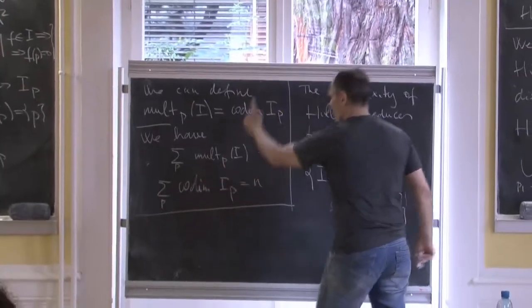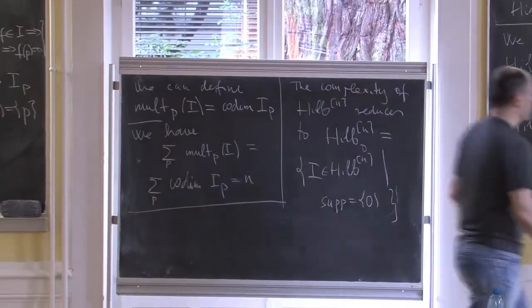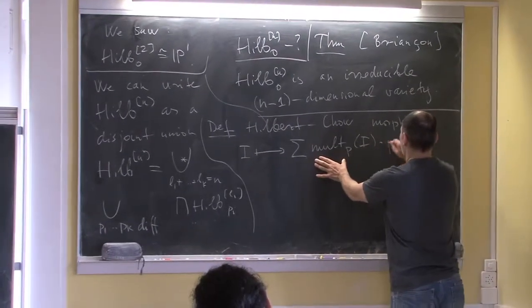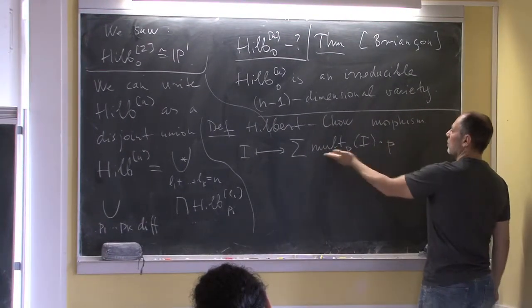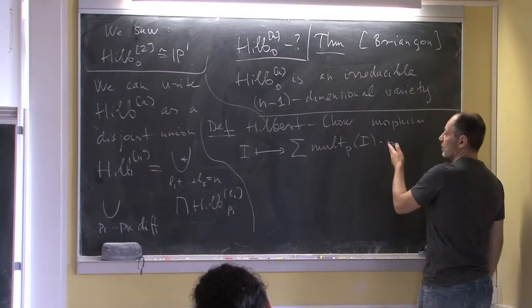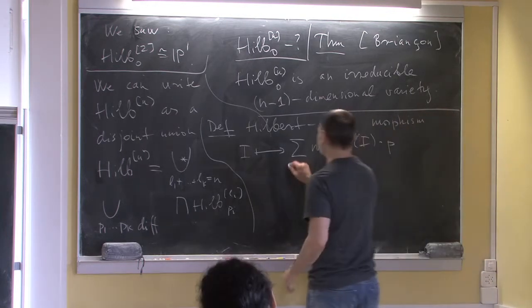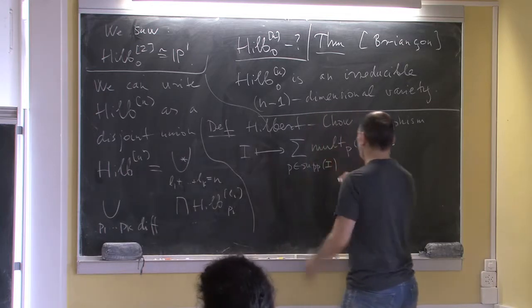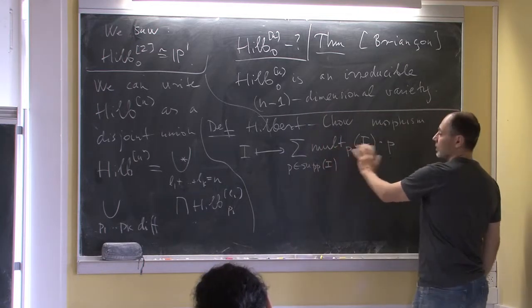So once you have this picture, then to each ideal you can take a formal sum of the points in the support, with the corresponding multiplicity of the ideal there. That's so important.